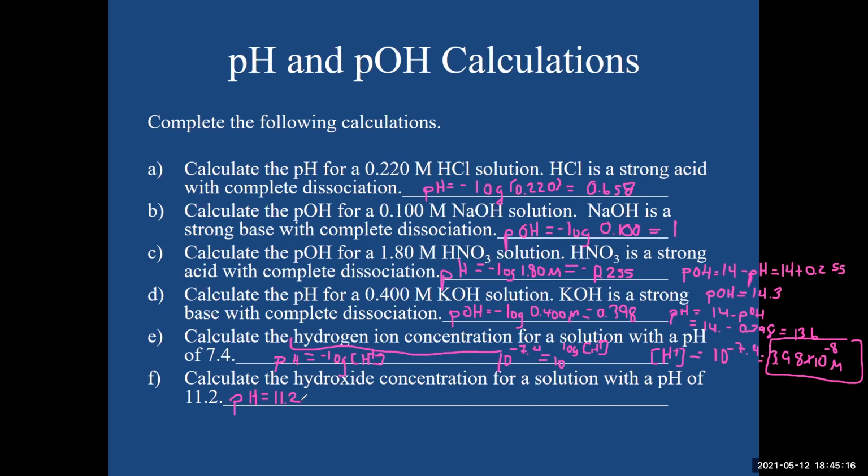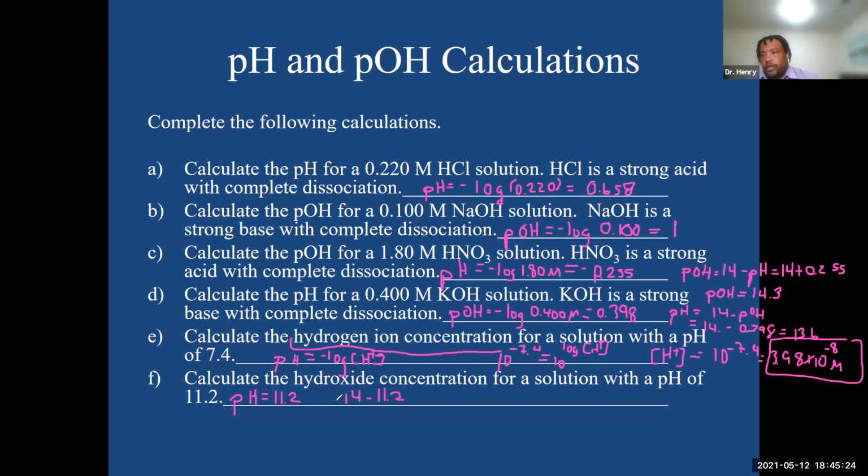Don't you have to subtract that from 14? That's right. Well, 14 minus 11.2, and that's going to equal our pOH, which is 2.8.